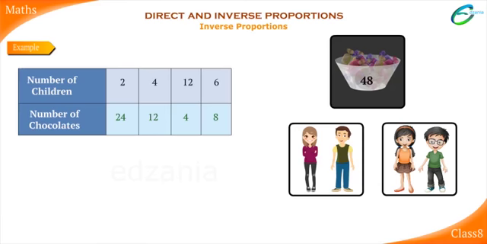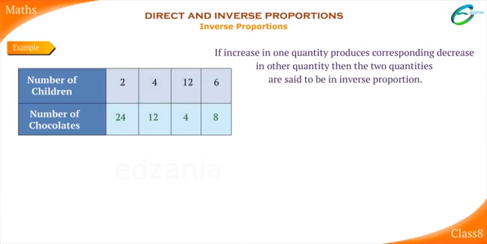Thus, we see a pattern between the two quantities, the number of chocolates and the number of children. When one quantity increases, there is a proportionate decrease in the other quantity. Such a change in two quantities is called inverse proportion.